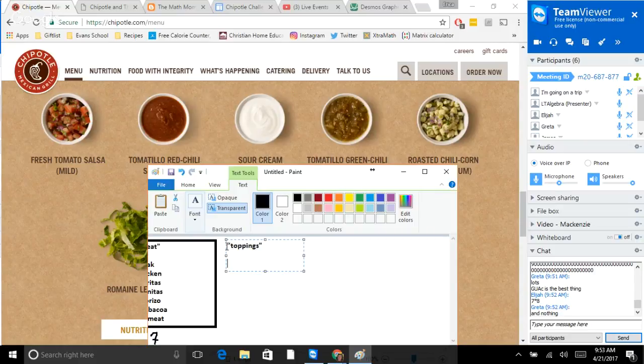We've got, I'm just going to call it mild salsa, and chili, roasted corn, chili corn, roaster.